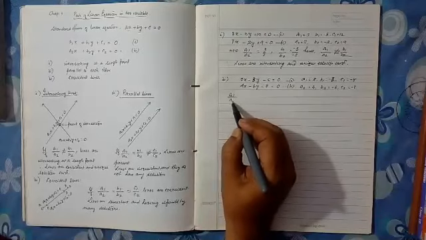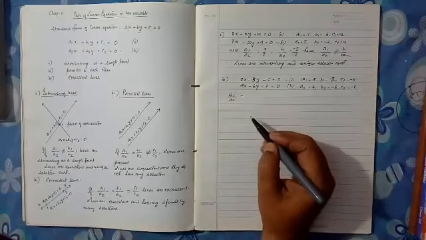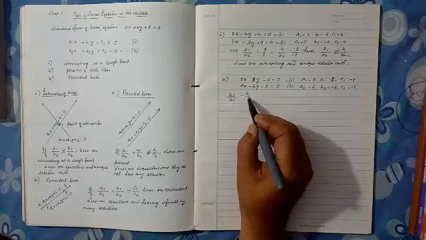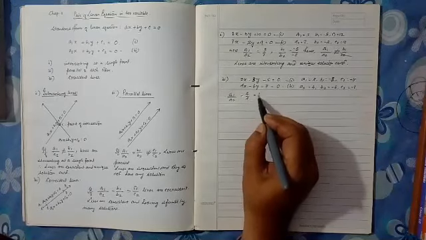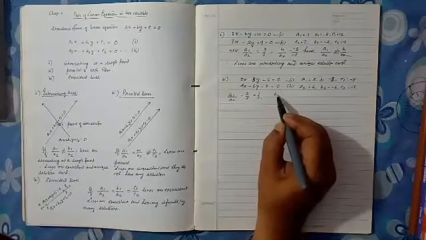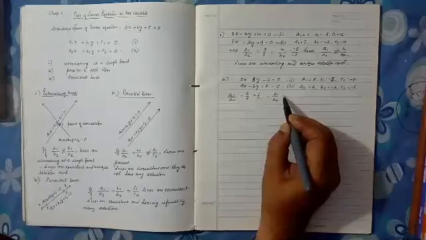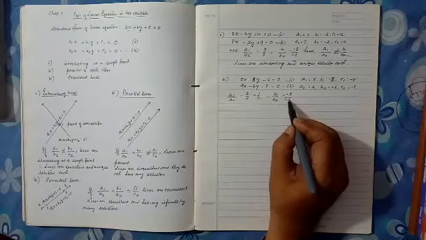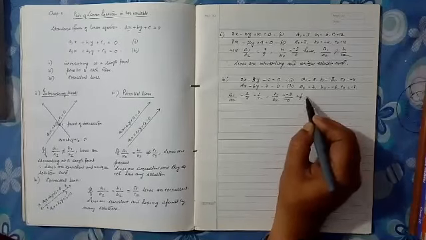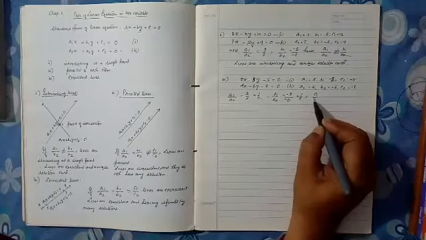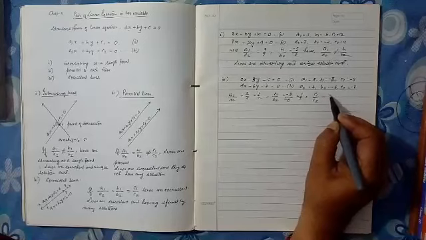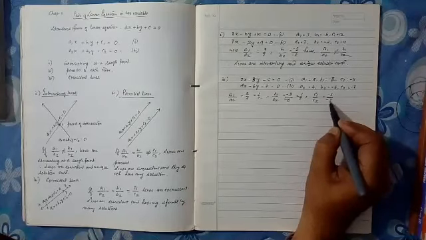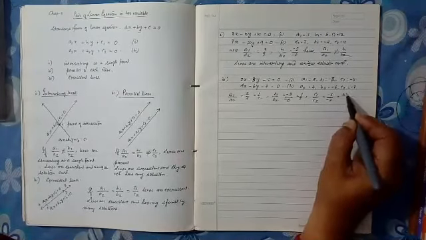Now a1 by a2 is equal to 2 by 4, that is equal to 1 by 2. b1 by b2 is equal to minus 3 by minus 6, that is equal to 1 by 2. c1 by c2 is equal to minus 5 by minus 7, that is equal to 5 by 7.